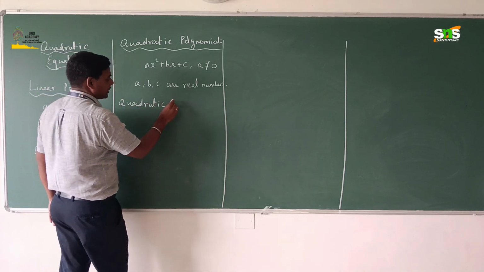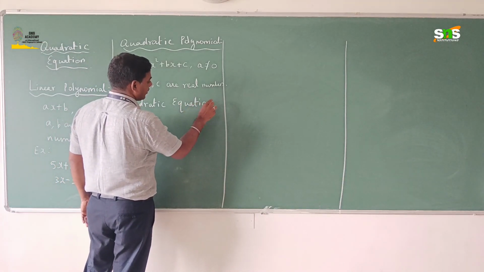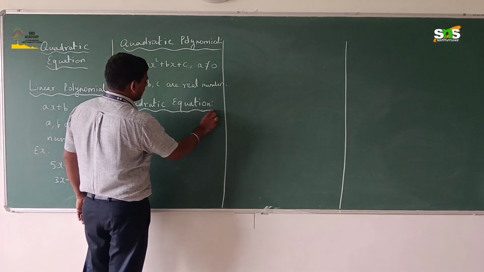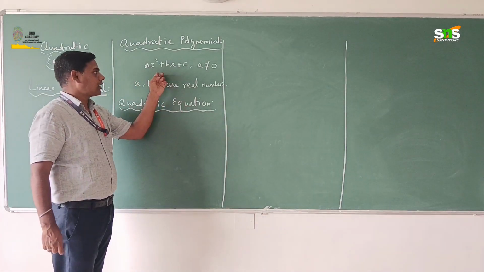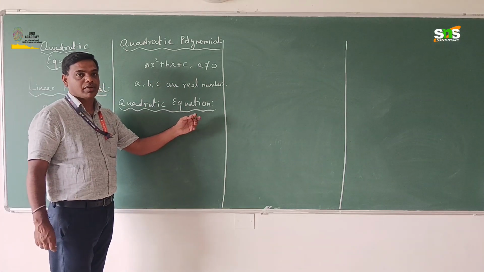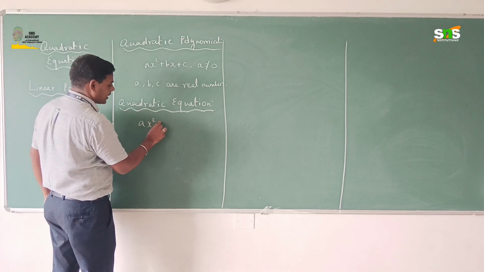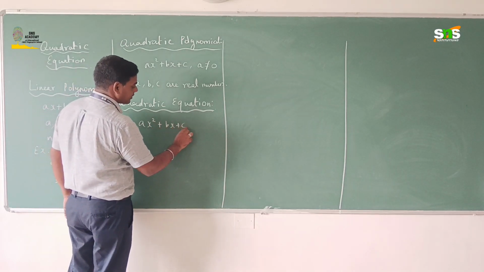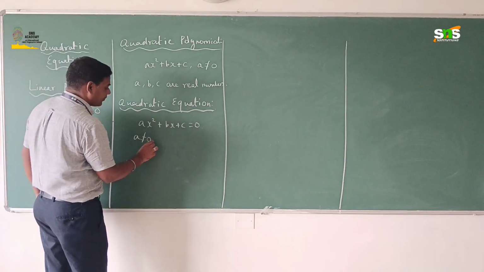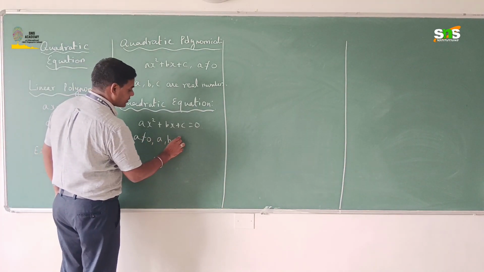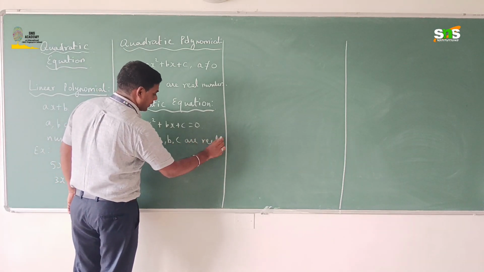Quadratic equation. In the word itself you can see that it is given as an equation. That means the quadratic equation is equal to some value, that is 0. The general form of a quadratic equation is ax square plus bx plus c equal to 0, where a is not equal to 0 and a, b, c are real numbers.